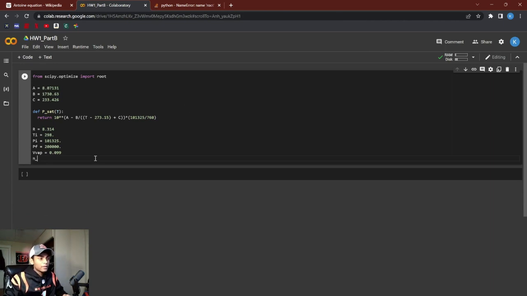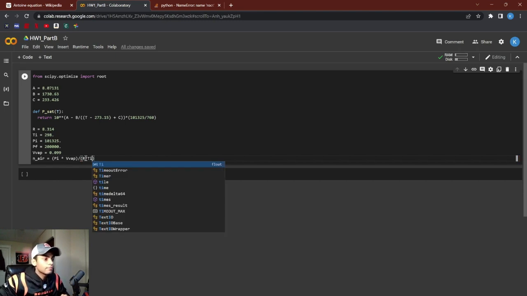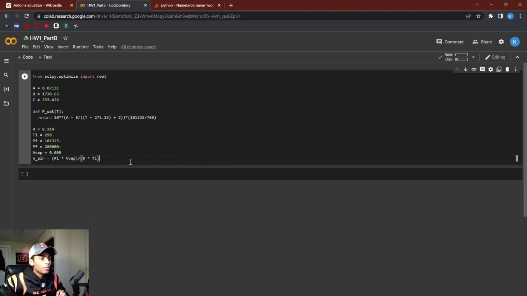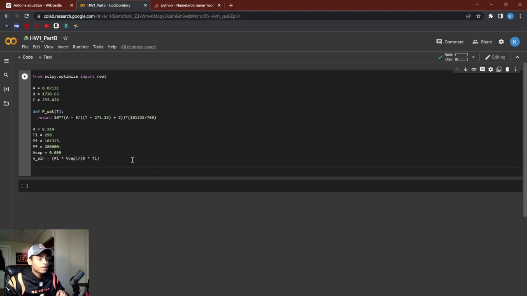N air is going to equal pressure initial times VVAP, divided by R times T initial. Simple as that. And now we should have all the variables we need to calculate our pressure of air.